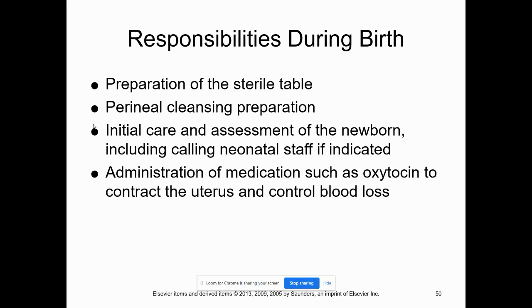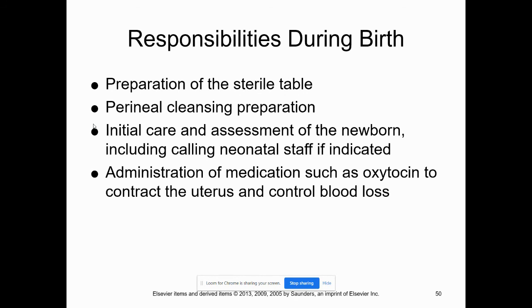When it gets close to time to deliver or catch the baby, then the sterile table is prepared and a sterile surgical drape is placed over it until the equipment there is needed by the physician or the midwife.